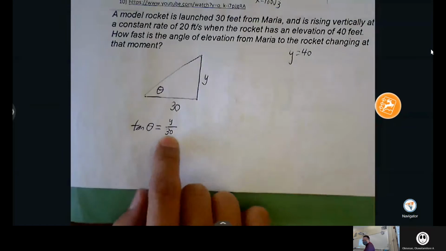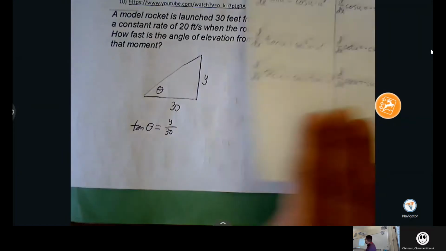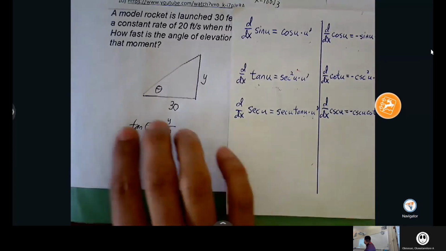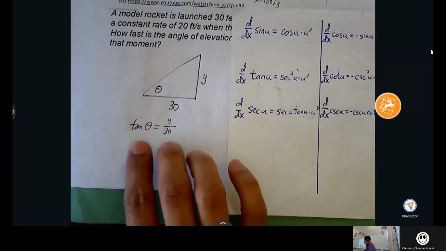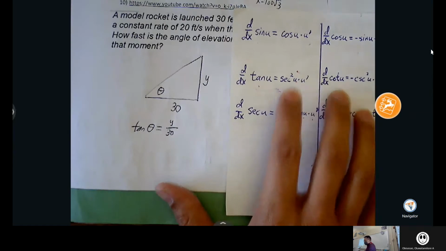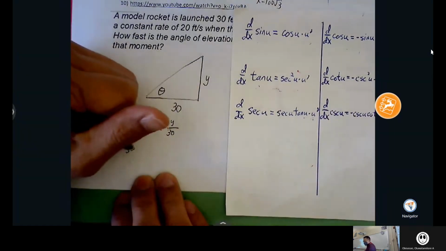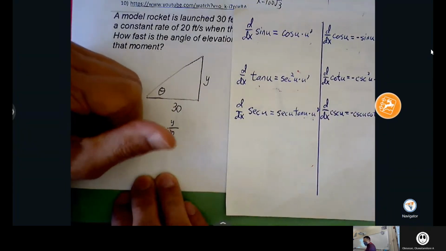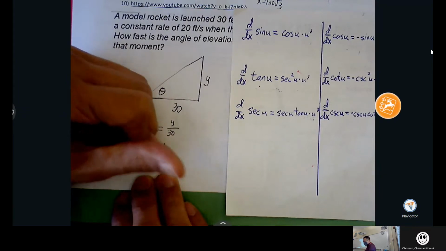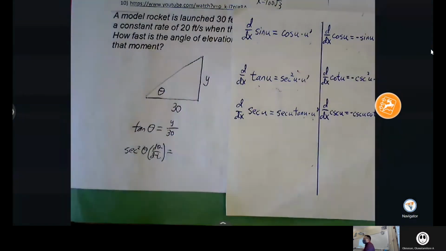Hey, what's next? Inverse it. Like you make it equal to secant, like you did the derivative. Yeah. Secant squared, right? How about the right side?